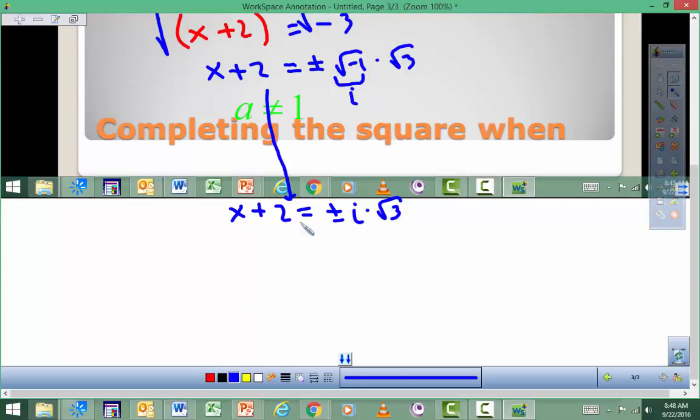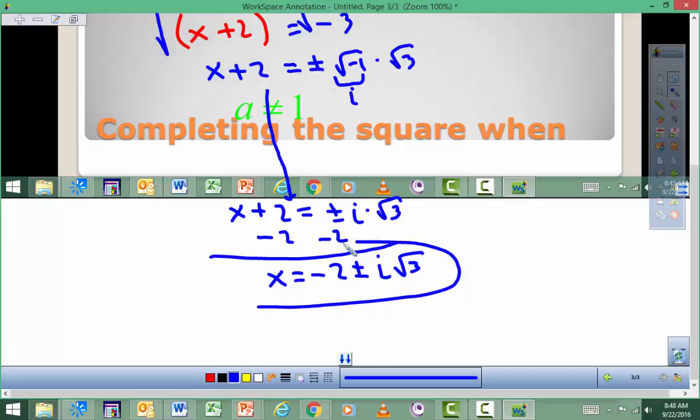We'll just move this 2 over by subtracting 2. And so we get x is equal to negative 2 plus or minus i times the square root of 3. We'll leave our answer like that. Okay, with that being said, I would like you to go ahead and do number 5 now. Take a moment and do number 5 on your study guide.